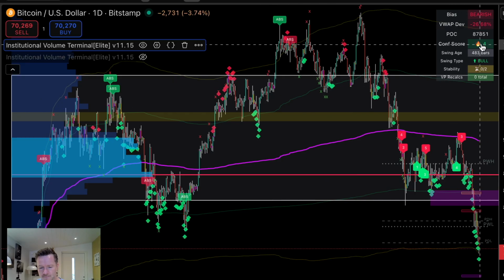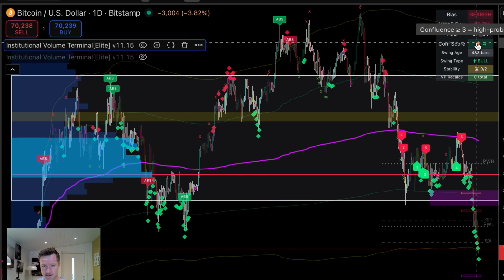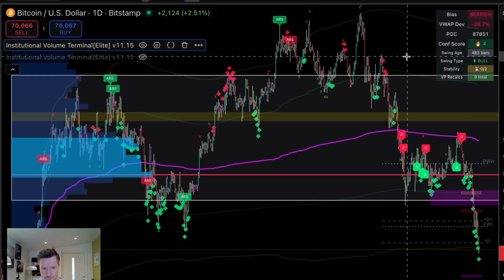Third, the Confluence score in the dashboard here. This is where the terminal becomes surgical. We are measuring how many institutional factors align at any given moment: volume spikes, liquidity sweeps, absorption events, POC proximity, value area positioning.